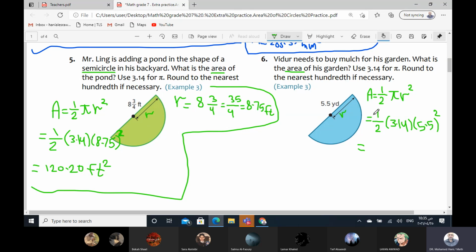So now we can calculate 1 times 3.14 times 5.5 squared, which means 5.5 times 5.5. So the answer divided by 2. So the answer will be 47.50 yard squared.